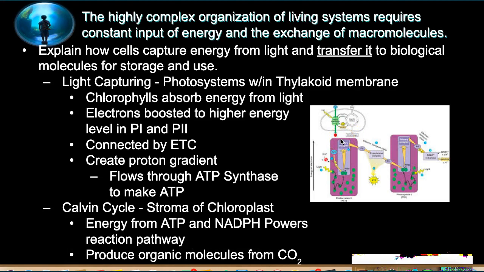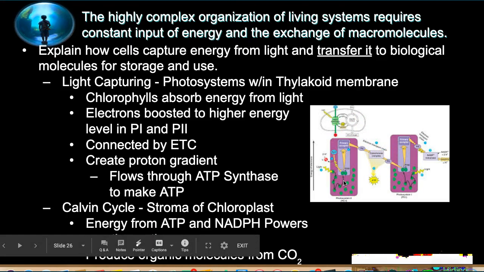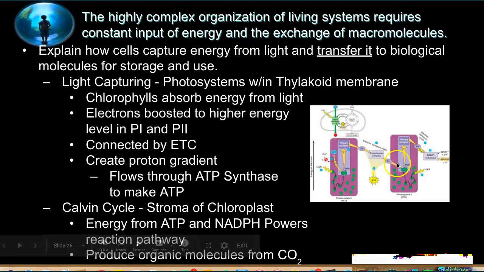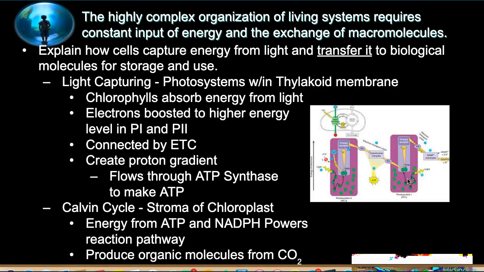And that's when they move into that electron transport chain where they lose energy to the hydrogen ion pumps. And then the first, which is photosystem 2, will donate electrons to photosystem 1. Photosystem 1 electrons will end up in the form of NADPH.